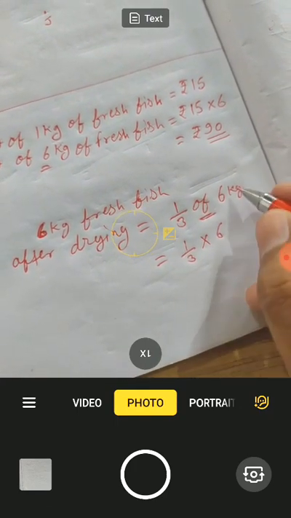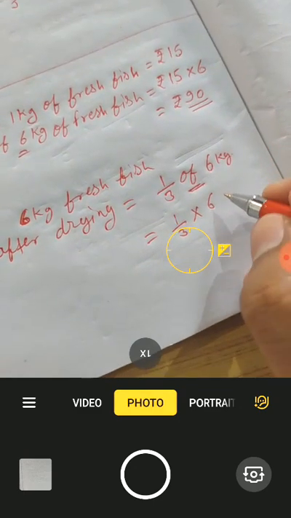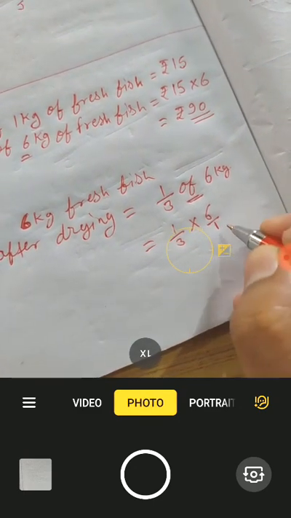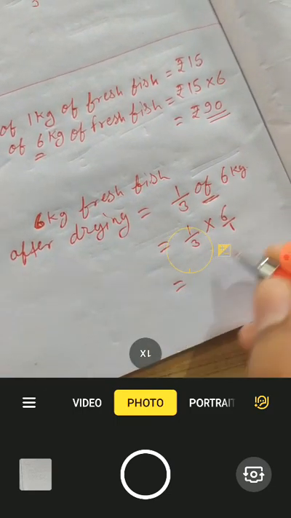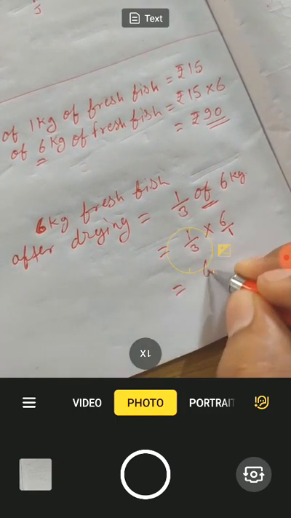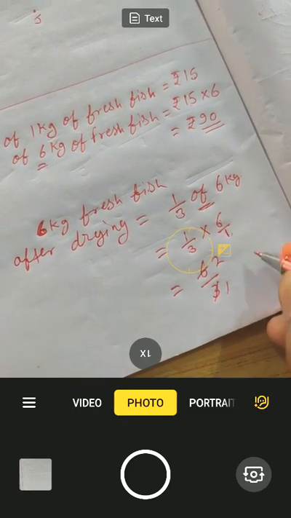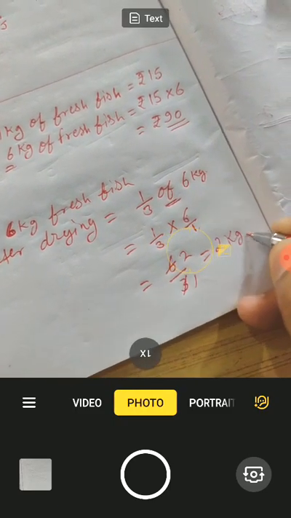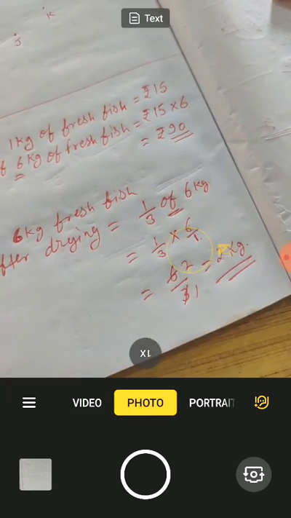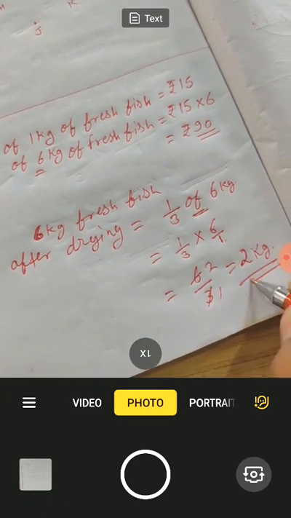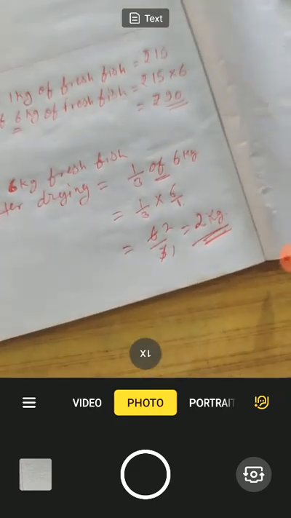And I told you all that if there is no denominator, then we suppose that it is 1. Okay, so multiply 6 with 1, we get 6, and 3 with 1, we get 3. 3 ones are 3, 3 twos are 6, and we get the answer 2 kg. After drying 6 kg of fresh fish, we get 2 kg of dried fish. Is it clear? Yes.